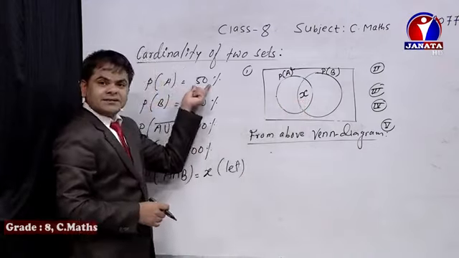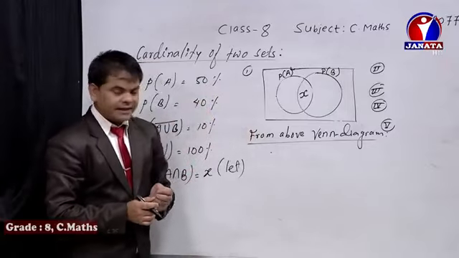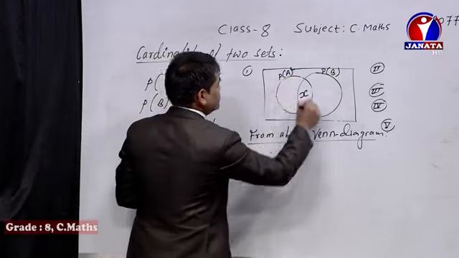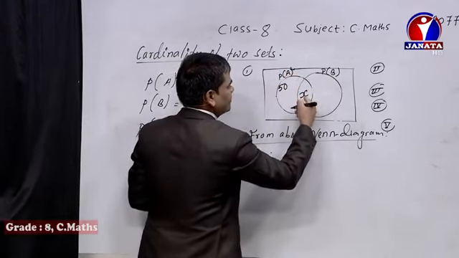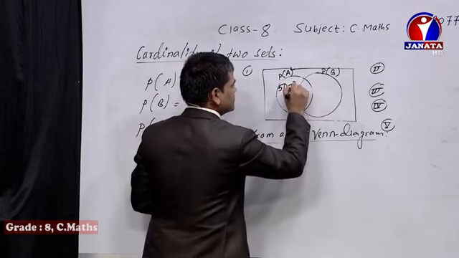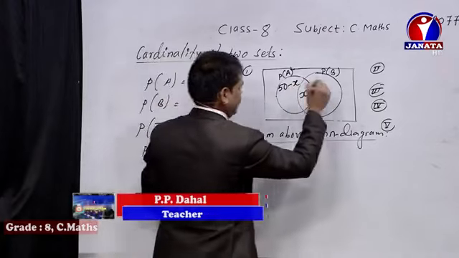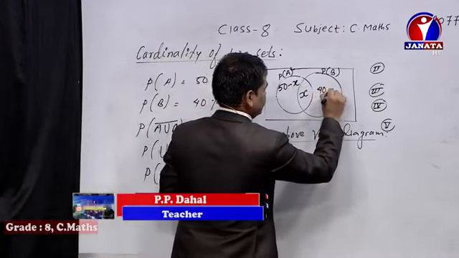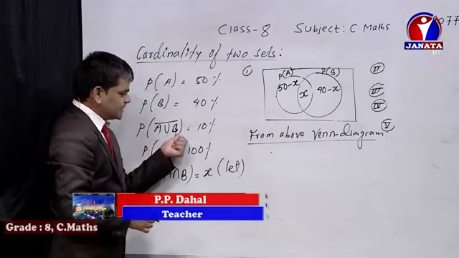Now the x value is kept in here. What do you mean by this? Of course the way of doing remains the same as in the previous question. So 50% should be adjusted in the apple circle, and the value of this one should be deducted, so 50 minus x. Now in the same way in the banana circle, 40 minus x. And what about this?